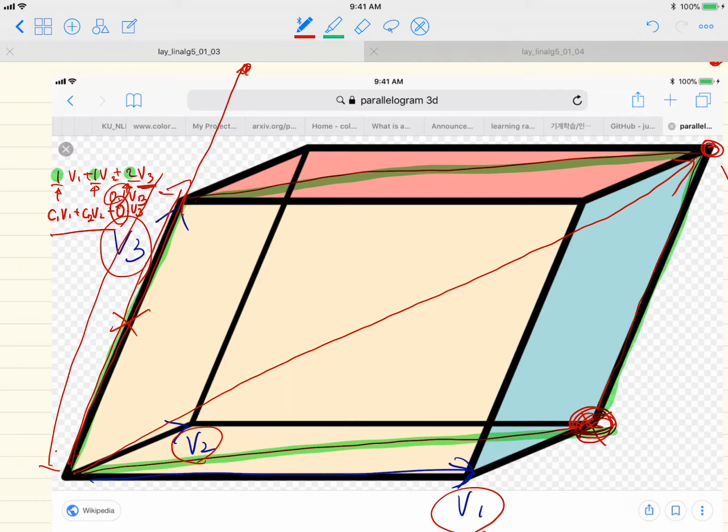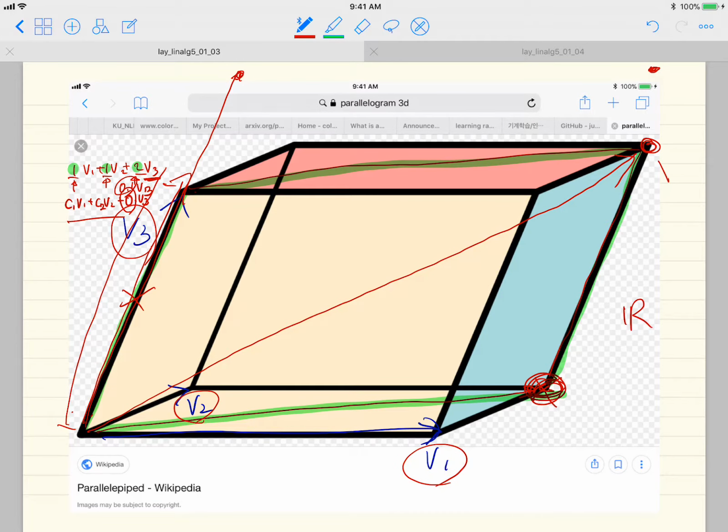Is it correct? The point here is that in this three-dimensional space, the span of these three vectors is actually the same as the entire space of R3. Basically, all the points in three-dimensional space can be represented as a linear combination of these three given vectors. So what does that mean?